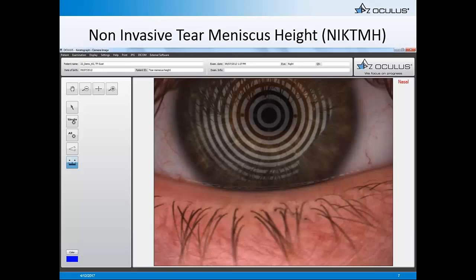So when you're looking here at the tear meniscus height, you're going to want a number between 0.2 and 0.4. It's going to let you know if there is not enough, if it's below 0.2. If it's above 0.4, then you have too many tears, and there may be other reasons that we need to look into.